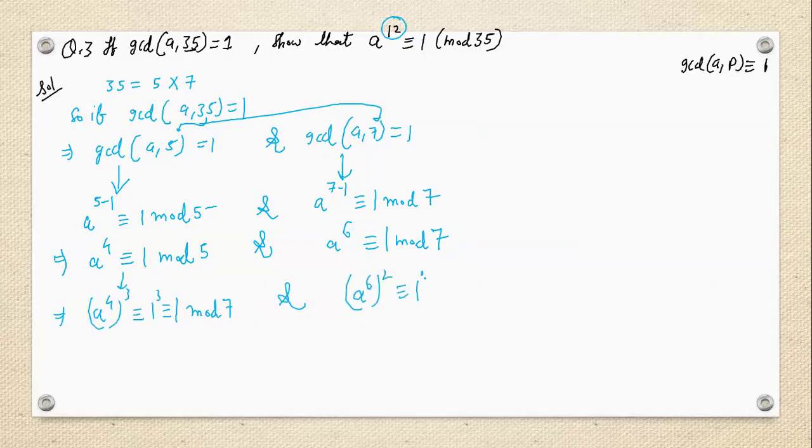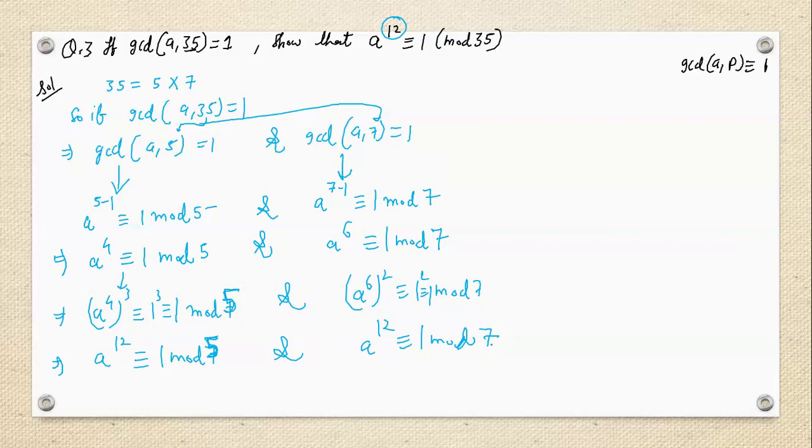So here 1 to the power 2 will be 1. That is a to the power 12 is congruent to 1 mod 7, and a to the power 12 is also congruent to 1 mod 5. Sorry, here 5 was going on. Understood?